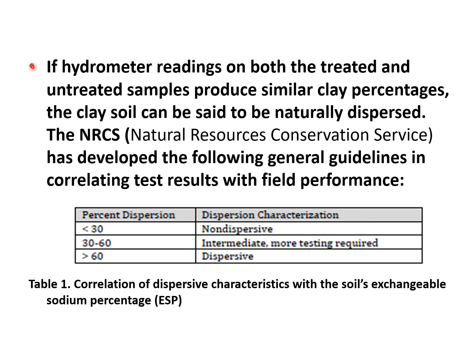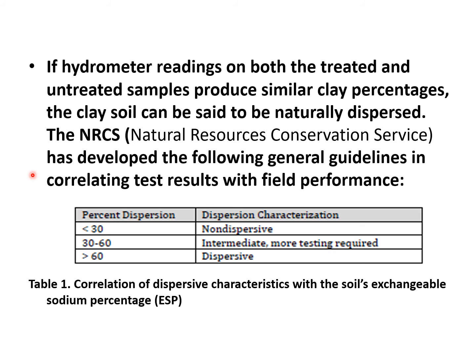So one important point you would find on this slide: if hydrometer readings on both the treated and untreated samples produce similar clay percentages, the clay soil can be said to be naturally dispersed. The NRCS, which stands for Natural Resources Conservation Service, has developed the following general guidelines in correlating test results with field performance.